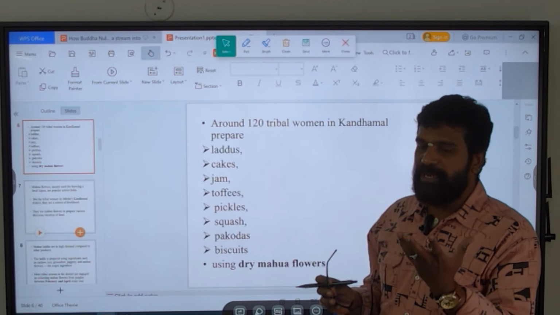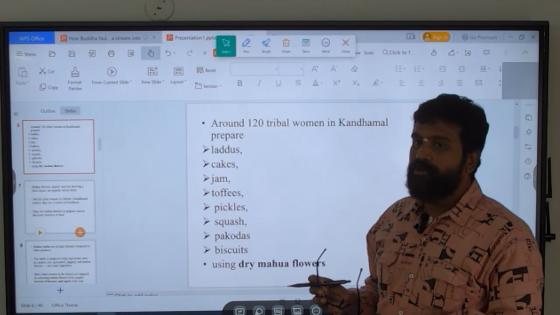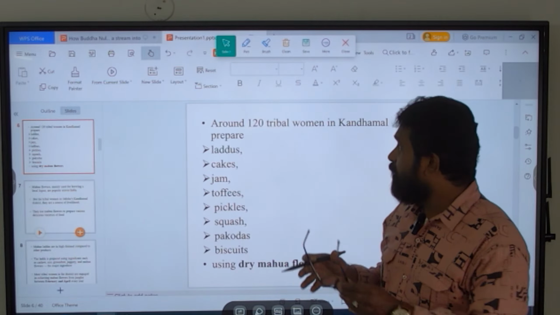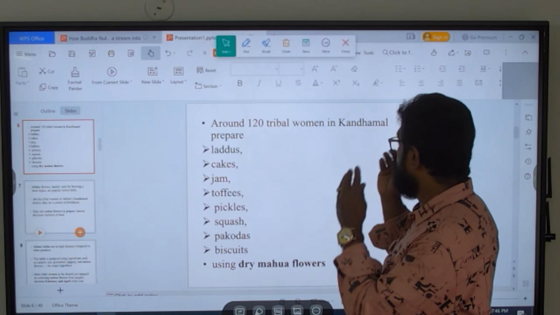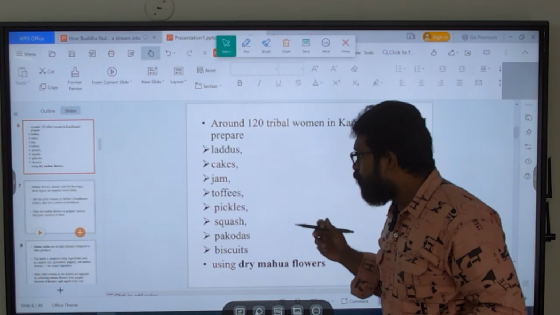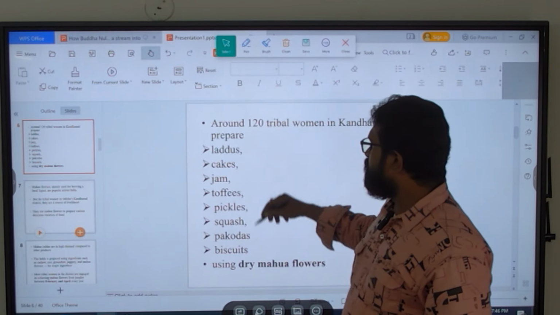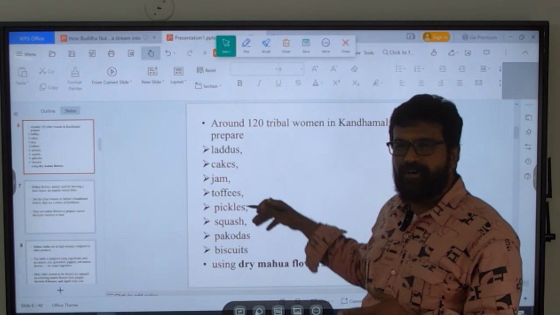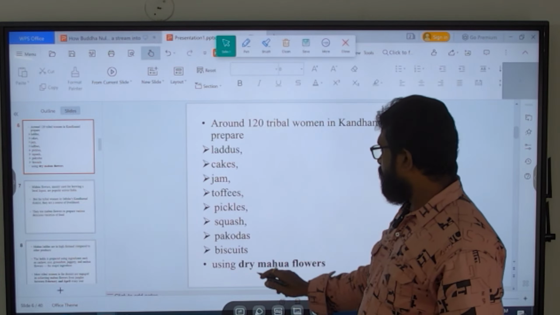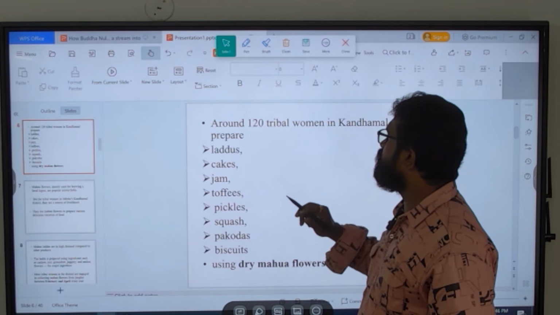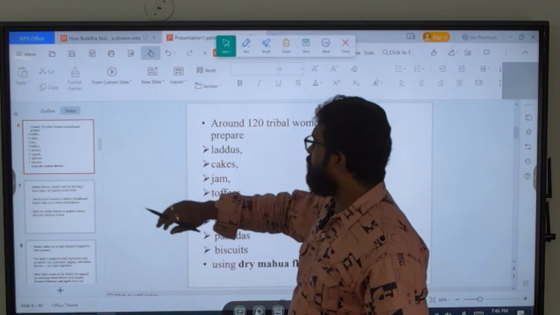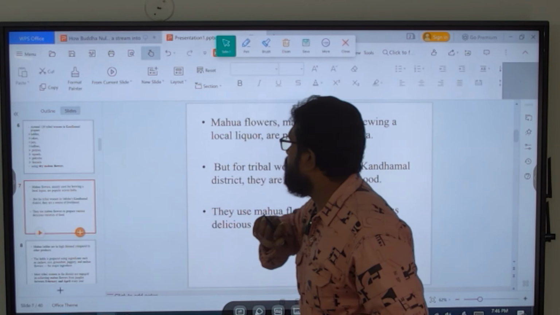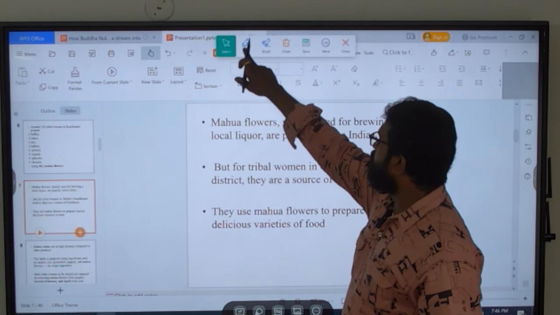During that time, these people are collecting the mahua flowers, and the tribal people are preparing some items like laddus, cakes, jam, toffee and so on, from that dry mahua flower.